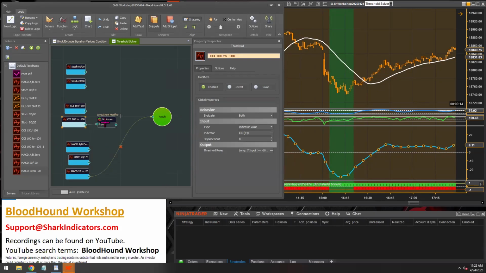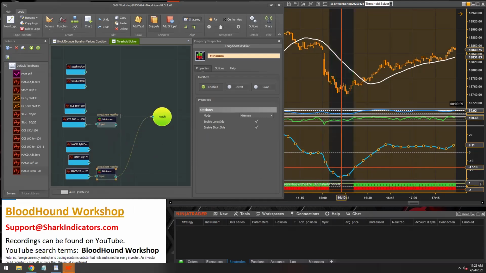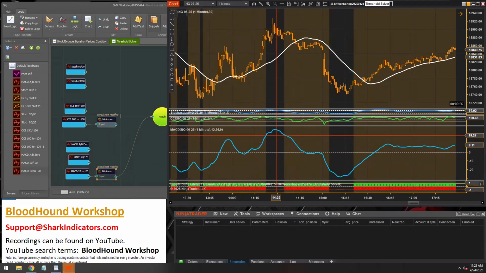And once again, we're going to need this long short modifier set to the minimum mode. So let me just copy that, and I can paste it down here, save a little time, like that. And so there we go. So whenever that MACD is outside of that 20 to negative 20 range, then there's no output. So we're identifying when that MACD is only inside that range.